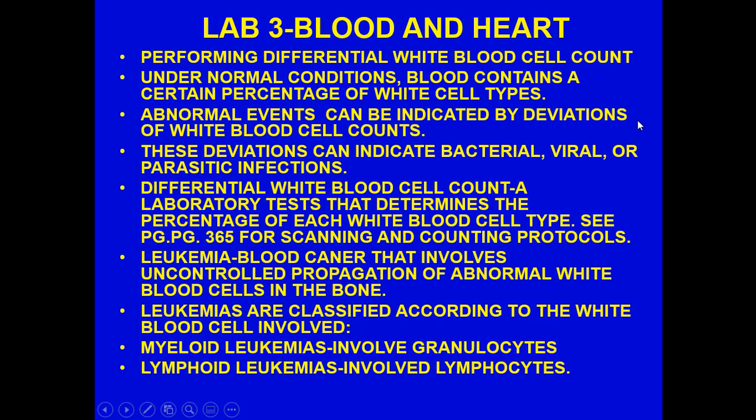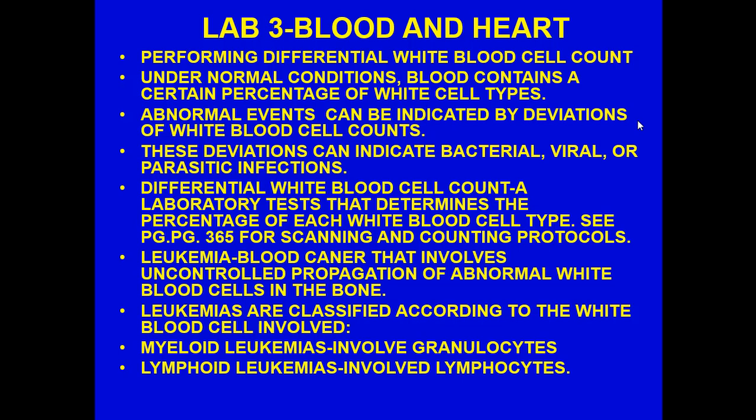This is where we get into one of the clinical lab tests: performing a differential white blood cell count. Now, under normal conditions, blood contains a certain percentage of white cell types. Under abnormal conditions, there can be deviations of white blood cell counts, which will indicate things like bacterial, viral, or parasitic infection.